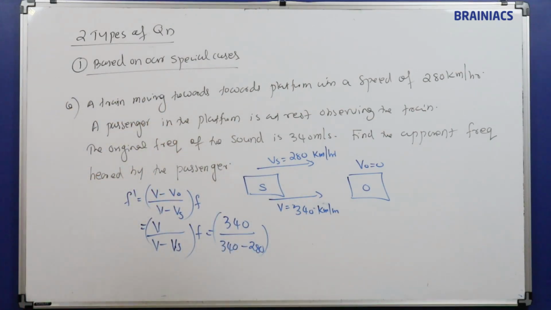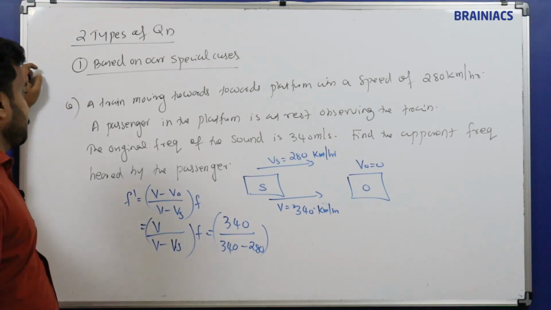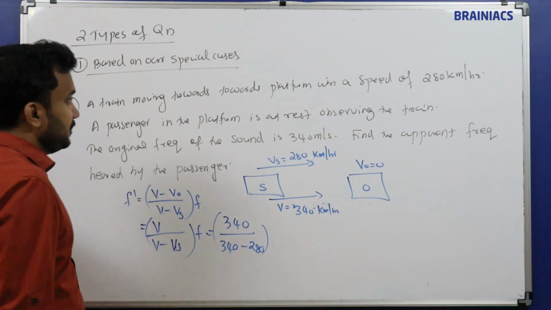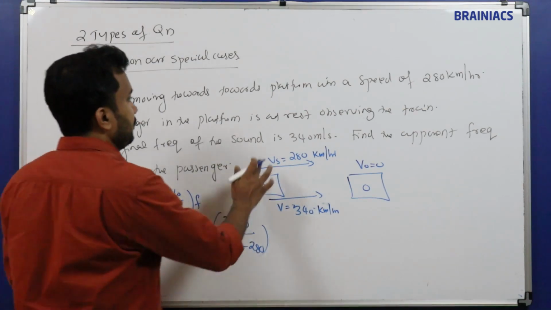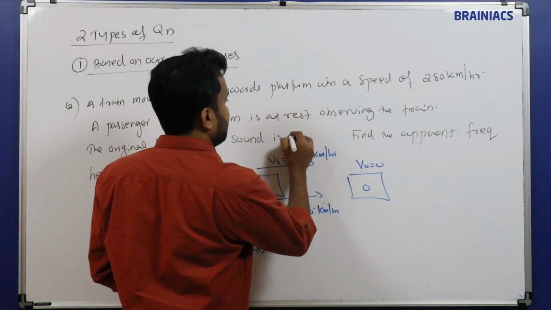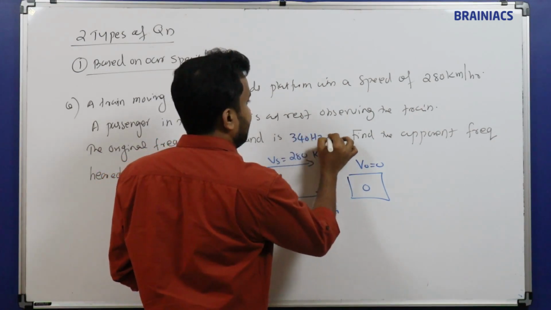A passenger on the platform is at rest and observing the train. The original frequency of the sound is 340 meter per second, no, 340 hertz.